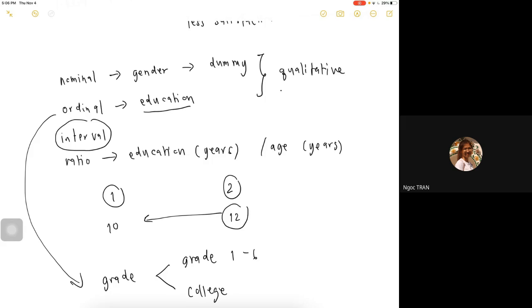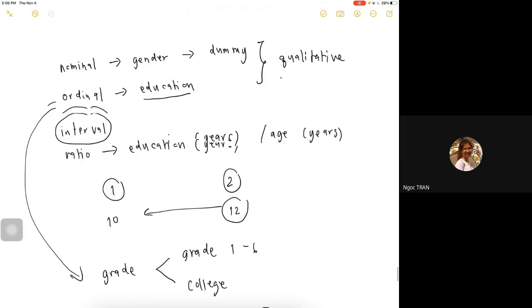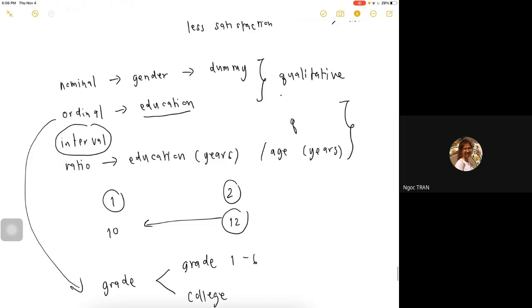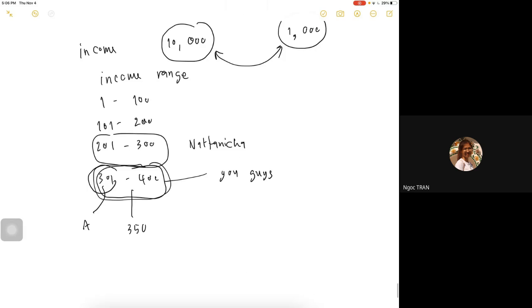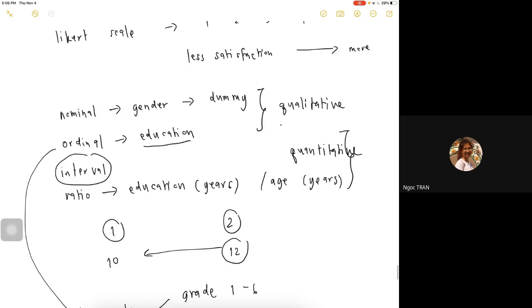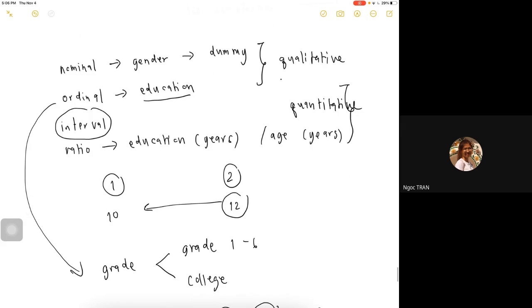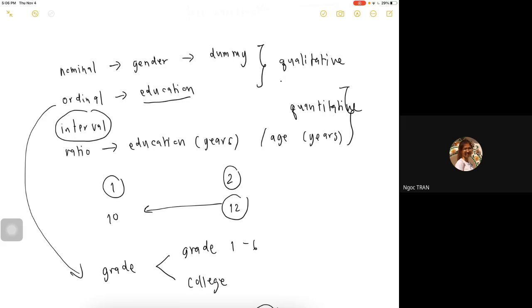Interval is already quantitative, and for these 2 types, they ask for numbers, right? But in interval, it's in a range. It means you know which one is higher, but you cannot say exactly how much they are different. And the last one is the ratio. Ratio is just the number. You can conclude anything from this number, like if you have higher income, how much higher your income is than mine, for example.